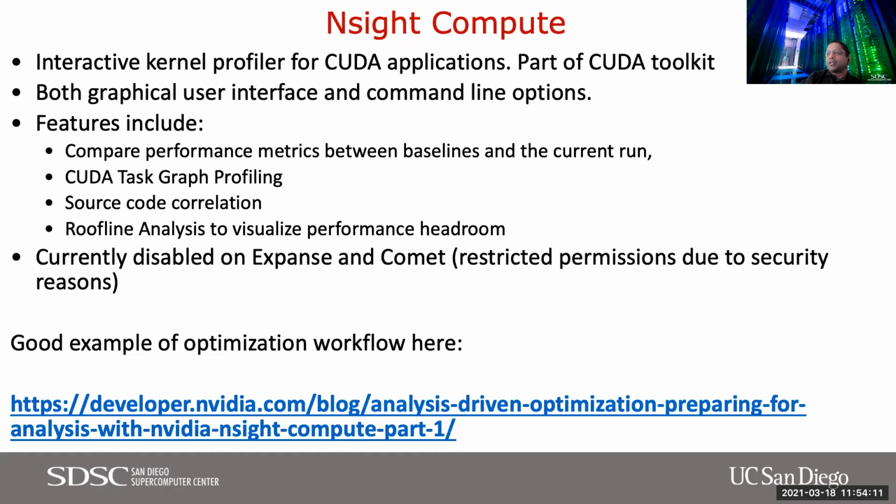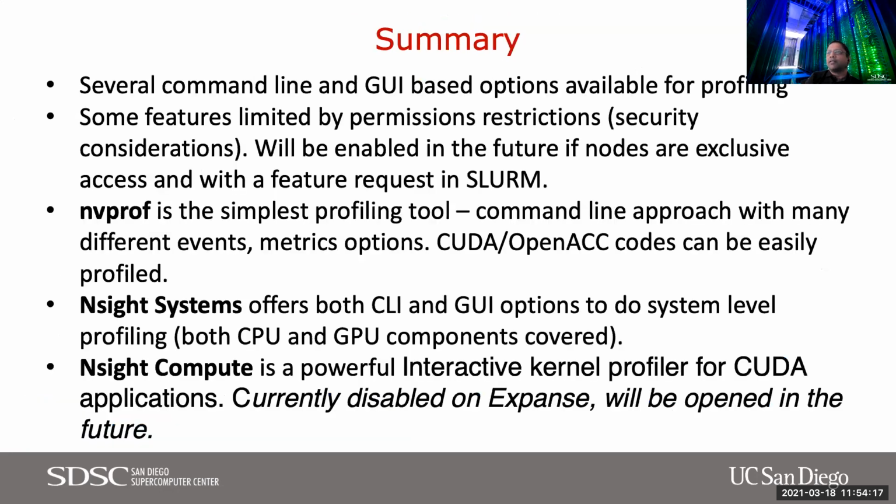So those are the kinds of things you can do. So just to summarize, there are command line and GUI options. Right now we have permissions restrictions, so that's disabling some of the features.